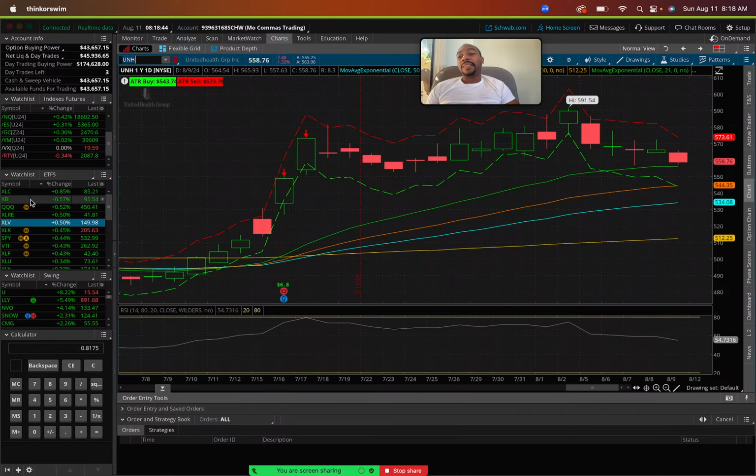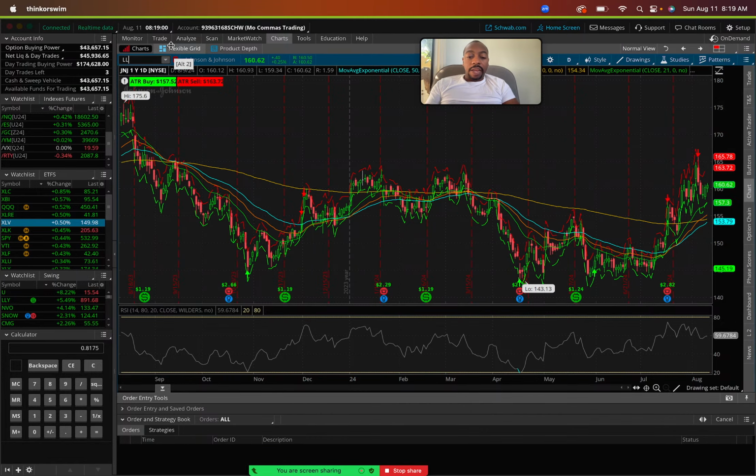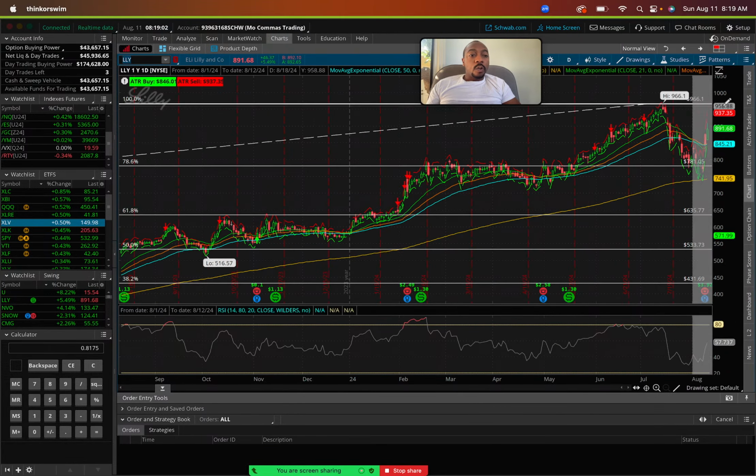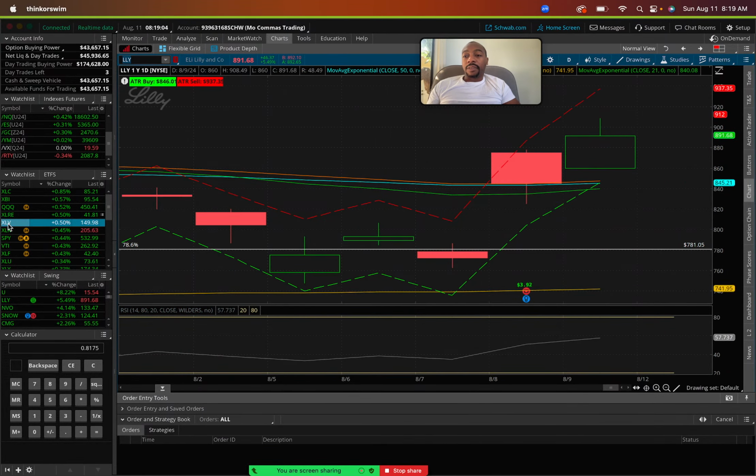If I can't take the sector itself, I'm going to be looking at what's inside of those sectors and what's hot. Because if the whole sector is up, if healthcare is up, then chances are a trade on Johnson and Johnson or Eli Lilly is more likely to work because the whole sector is up.